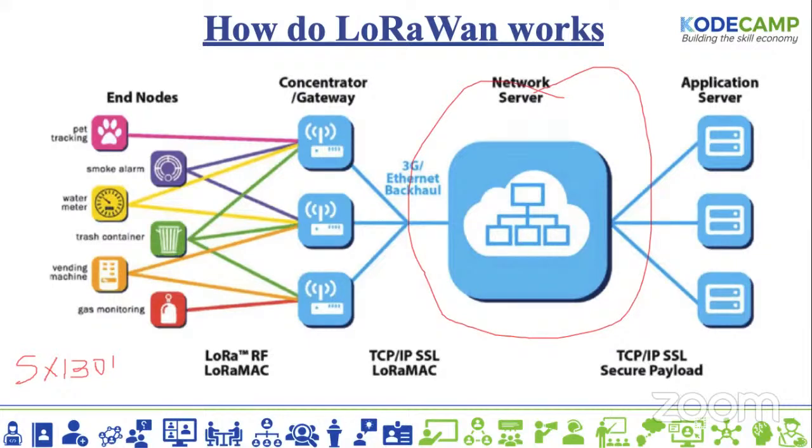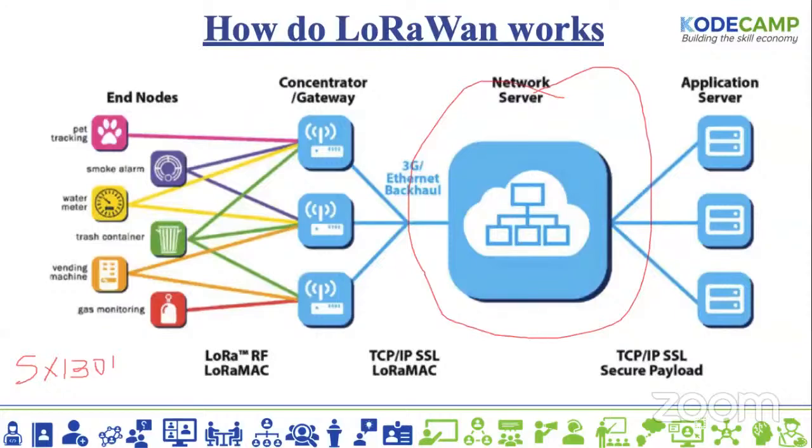That's what the network server does. Like I said, it uses adaptive data rate. It checks for duplicate packages, schedules acknowledgement, and manages the data rate and radio frequency output.